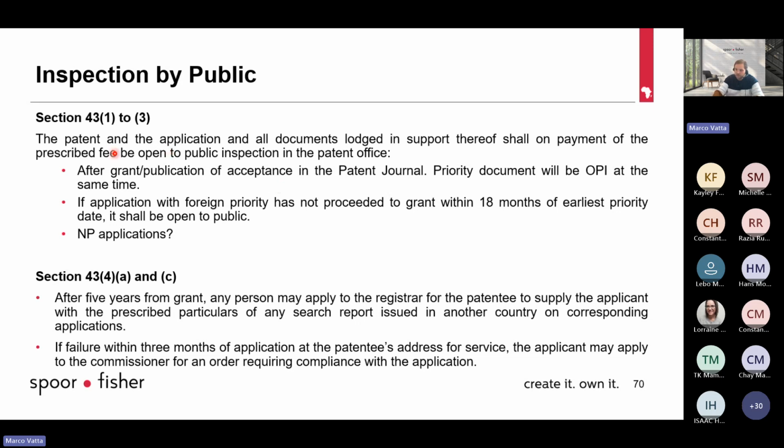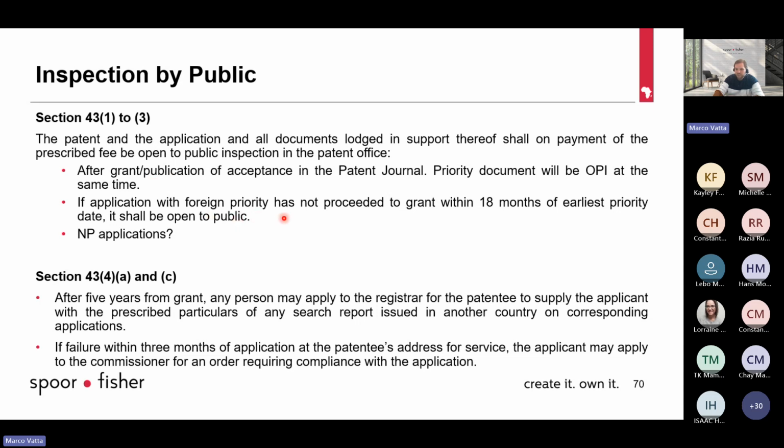So the first bullet point deals with a scenario where it's a South African provisional application that is completed by a South African complete. In that case, the application will only become open to public inspection on the date of grant. That is the only time. So once it proceeds to grant.